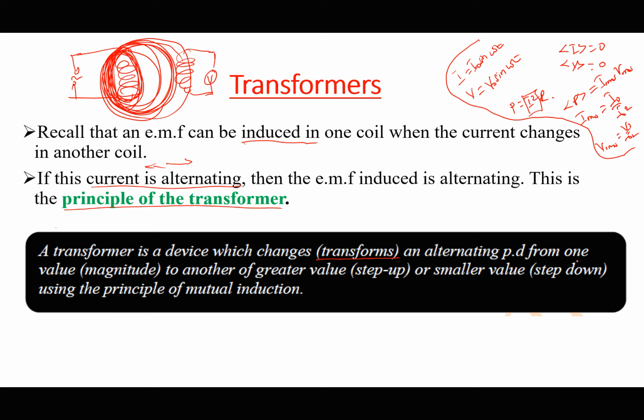If the voltage or the PD is raised to a higher value, the transformer is going to be called step up because the voltage is stepped up. And if it is put to a smaller value, we shall later on call it step down because the voltage has been stepped down. So the transformer's role is to change the voltage, either by increasing its value or by decreasing its value. That is the role of a transformer.